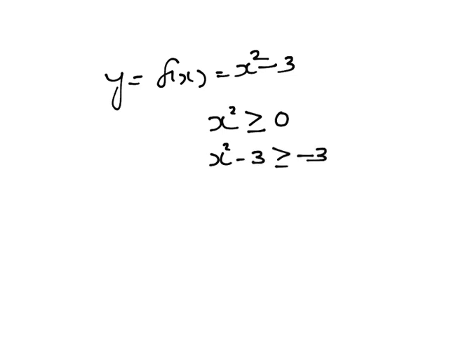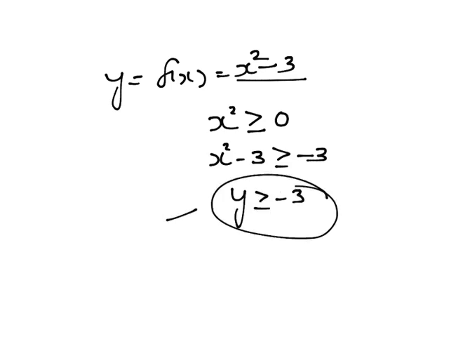Why am I subtracting 3 from both sides? Because I want to get x squared minus 3. So again, y is greater than or equal to minus 3. This is the range. That means any real number greater than or equal to minus 3 is part of the range, but any number less than minus 3 is not part of the range.